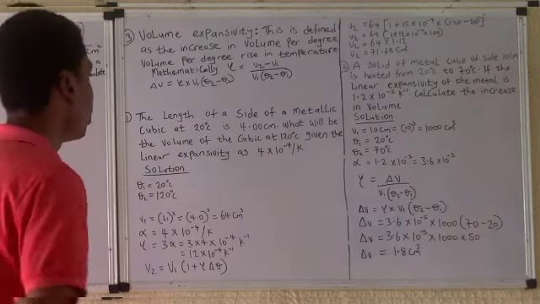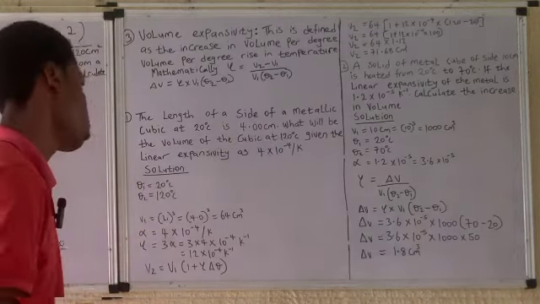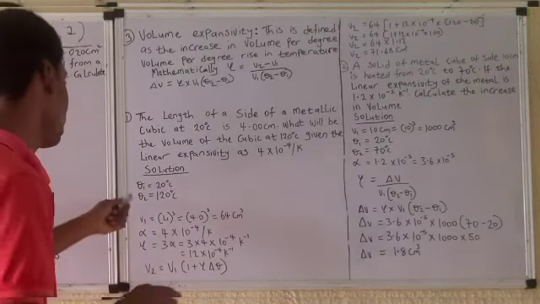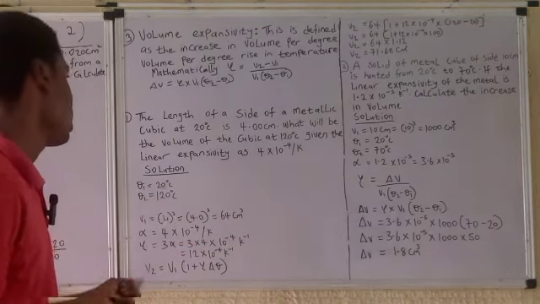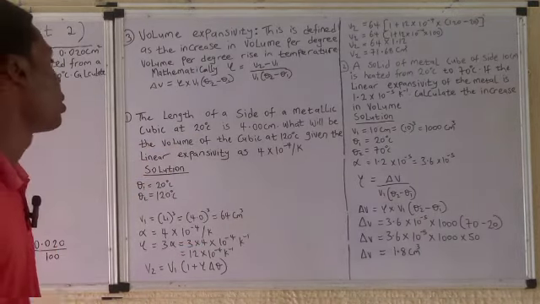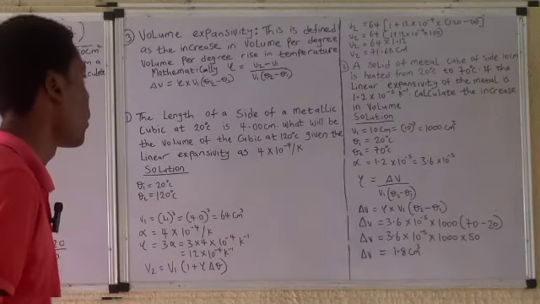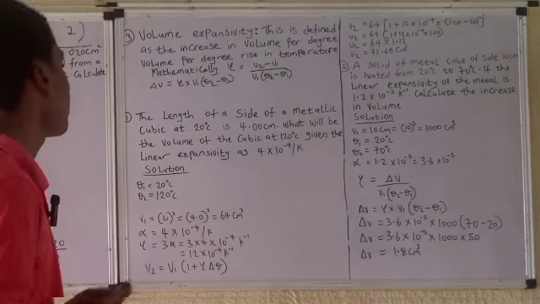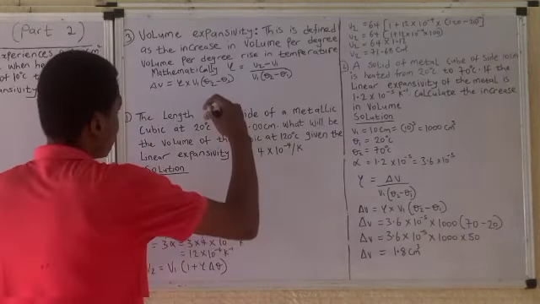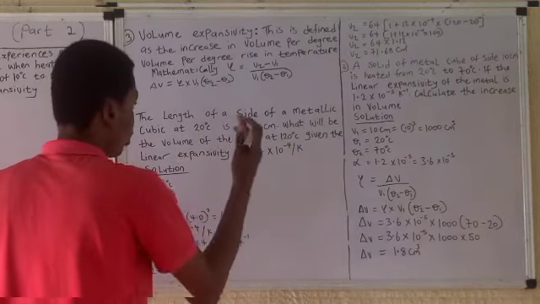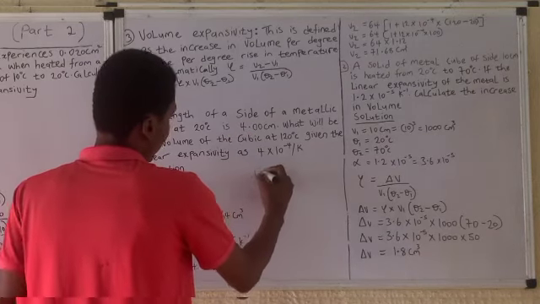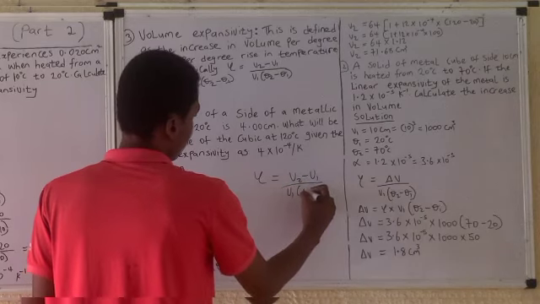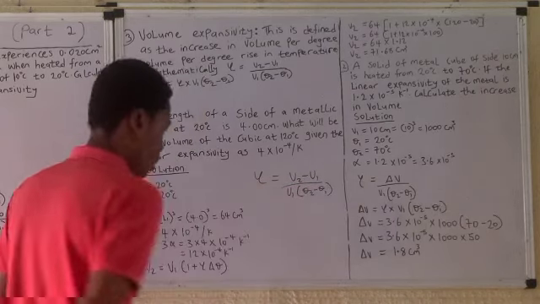Then they say what will be the volume of the cubic at 120 degrees Celsius. So we take 120 degrees Celsius as our final temperature, which is theta 2. They said we should calculate the volume of the cubic. So we're looking for the volume here now. From our formula, we have gamma equals V2 minus V1 over V1 theta 2 minus theta 1.